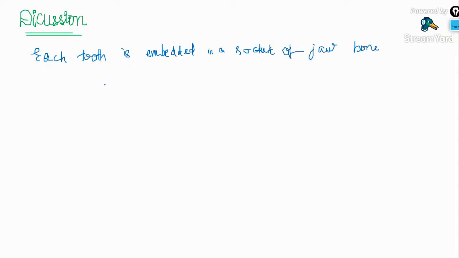This type of attachment you will call as, yes, there is no doubt for that. It is what is said to be what? Thecodont.